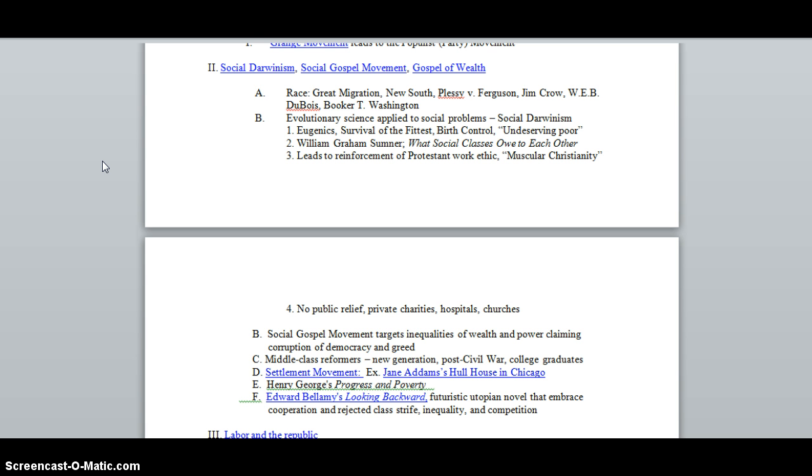Birth control is also a really interesting thing that comes about within social Darwinism. You think about birth control today as a way to control pregnancies and the size of families, but the original idea of birth control was actually social.